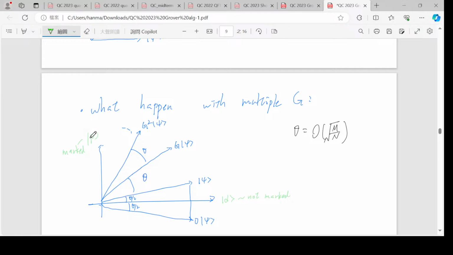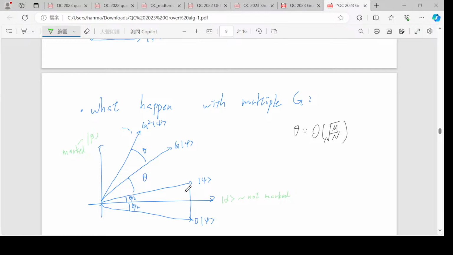And so in the two-dimensional space, you can easily find that the vector orthogonal to this beta is alpha. That's the uniform superposition of everything that's not marked. So every computational basis state that's not a marked item, and this is all computational basis states that are marked items. And then what are the two reflections?